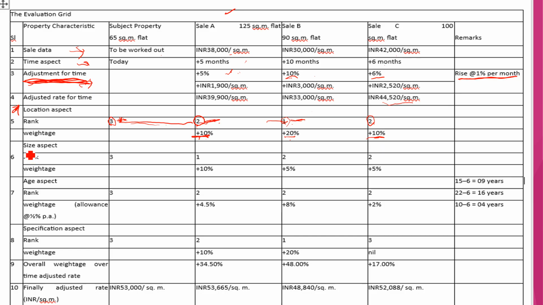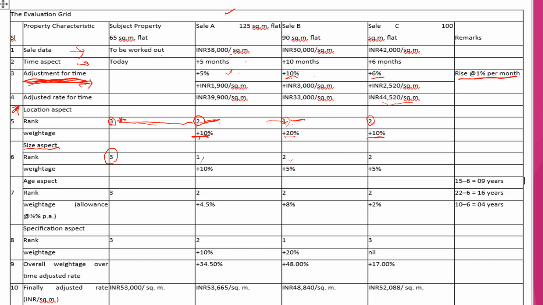Then for the size aspect, we say that if the building is less than 70 square meters, we will give it rank 3. If it is 100 or more, we give rank 1. These two are in between 70 to 120, we give them ranking of 2.